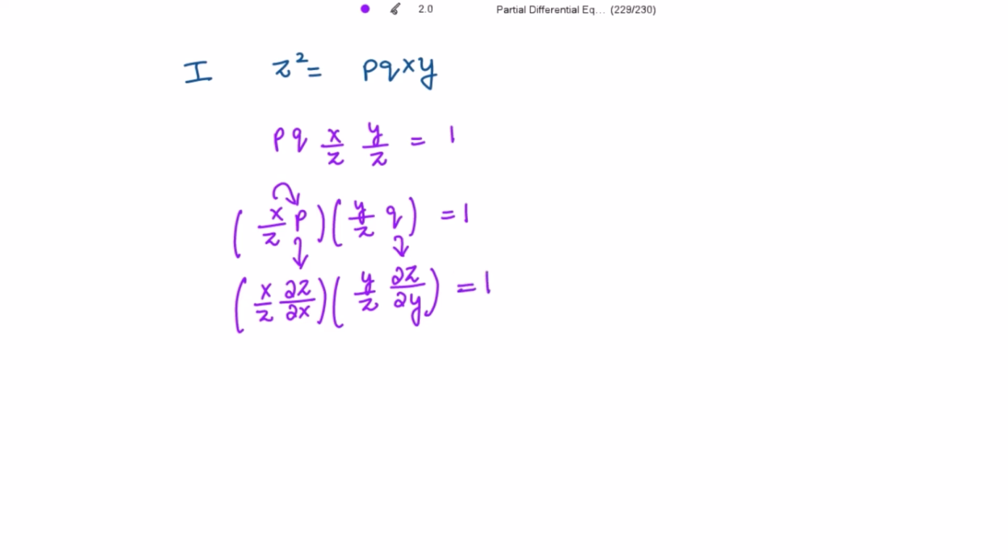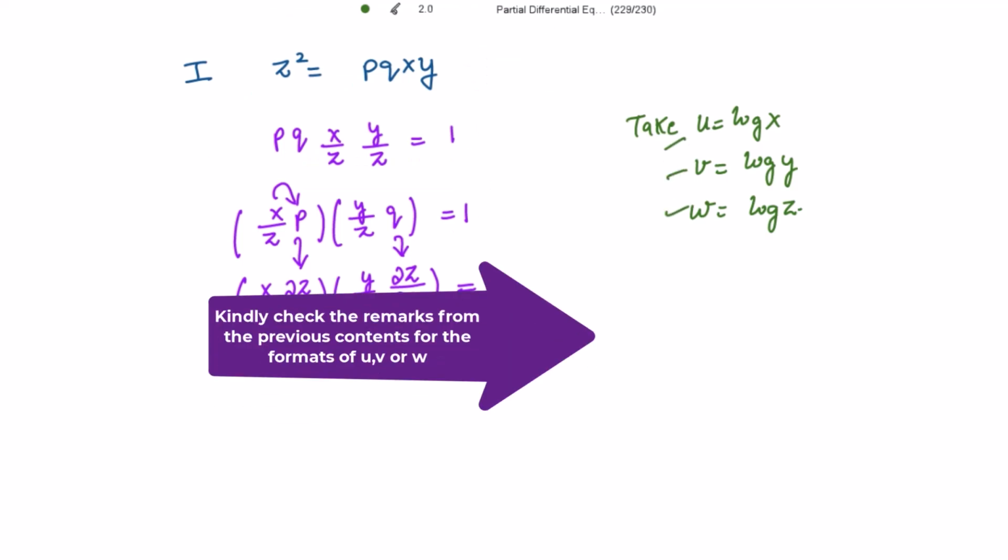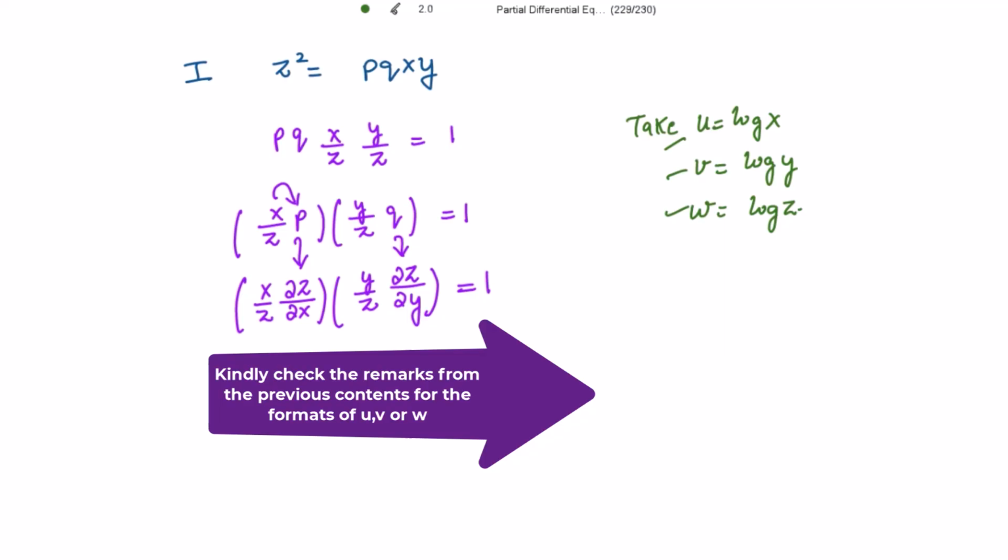So as we have done in the previous examples, just take u to be equal to log of x, v to be equal to log of y, and w is equal to log of z. I have mentioned the remarks where we have to take u, v and w and in what format. Please check those remarks from the previous contents.